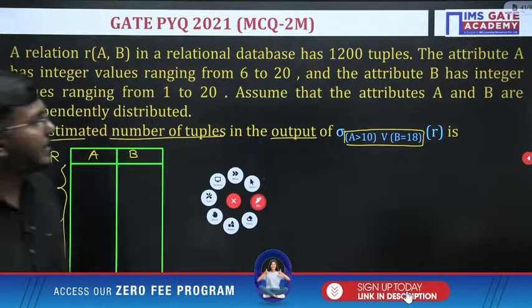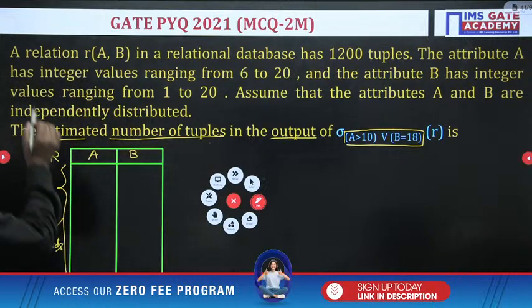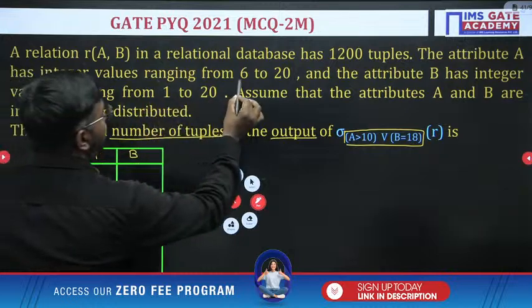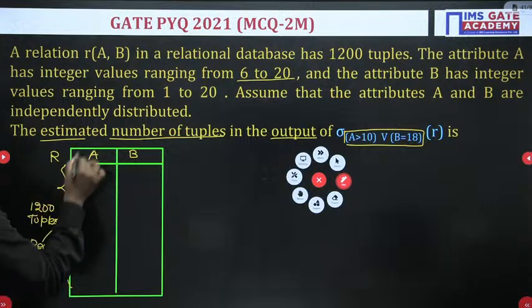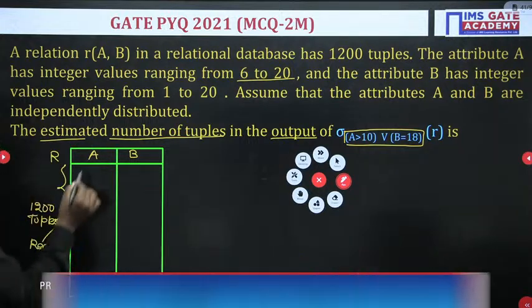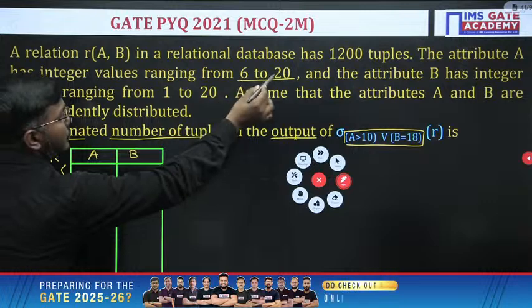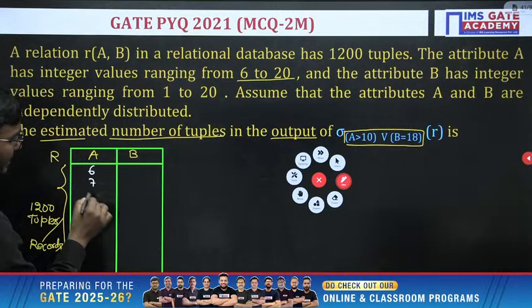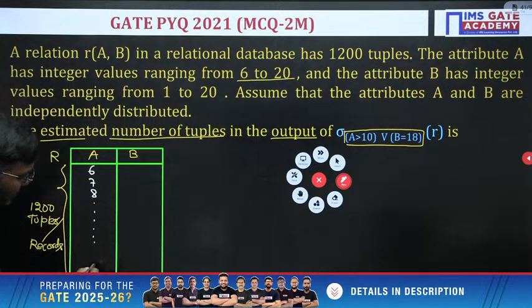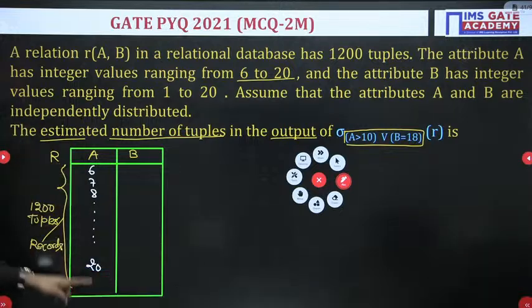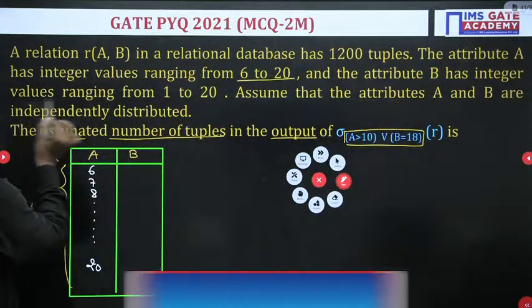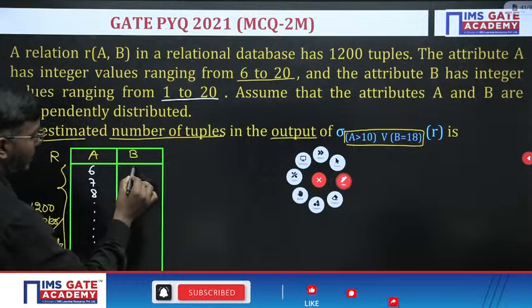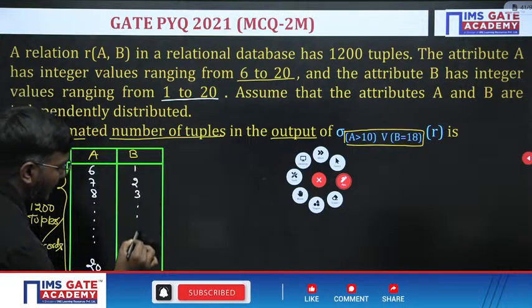Fine. Now see, the attribute A has integer values ranging from 6 to 20. Means in this attribute A, the values range from 6 to 20, like 6, 7, 8, up to 20. Similarly, the attribute B has integer values ranging from 1 to 20, like 1, 2, 3 up to 20.